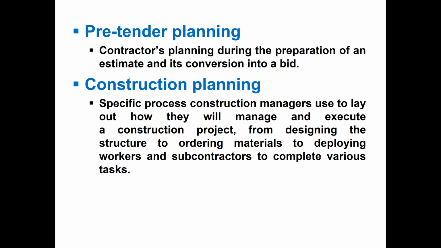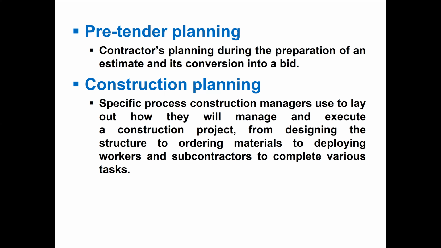So we should prepare an estimate of direct cost and indirect cost, keeping in mind all the difficulties that may occur during the construction of the project. We have to make a direct cost of material, labor, and equipment, and the indirect cost, maybe the site office cost or head office cost, or maybe a bill for utilities like telephone, electricity, gas, or water, or making a site office or traffic management.